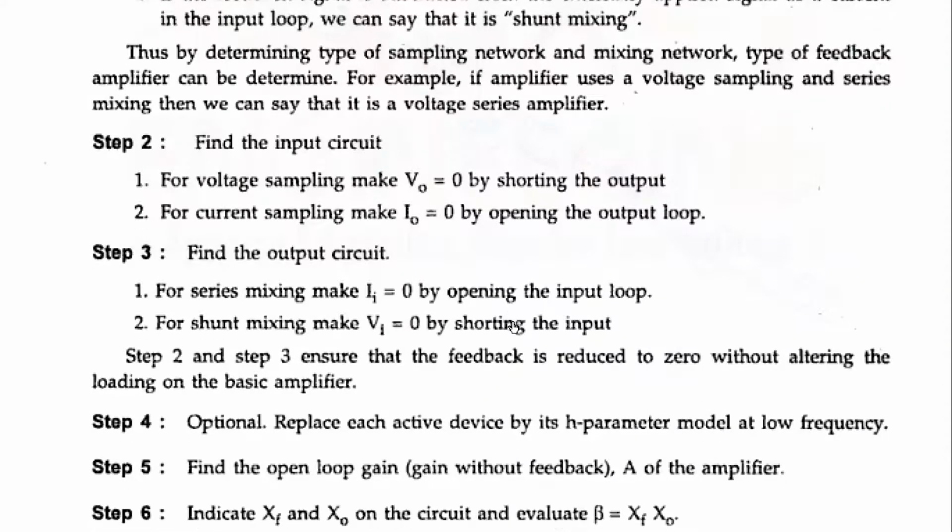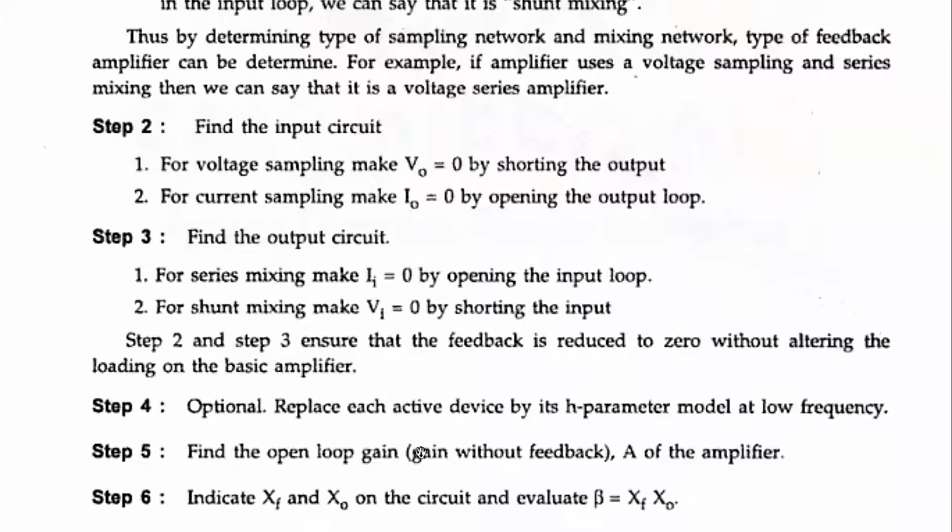After finding the input and output circuit, replace the transistor with the H parameter model and find the gain. That will be the gain without feedback, because we already reduced the feedback to 0 in this step.